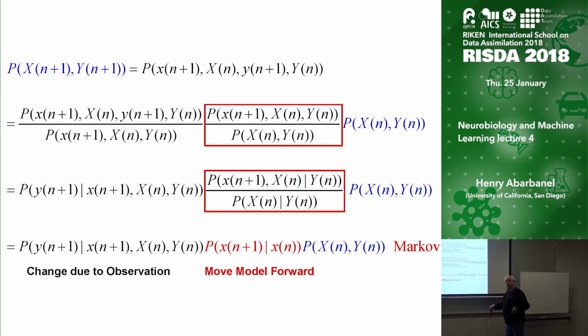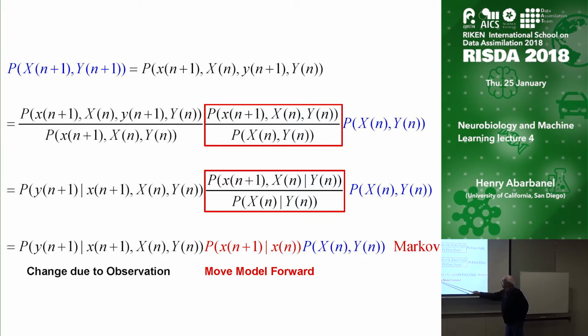If underlying your model is a differential equation or a statement of discrete time dynamics, the probability distribution of the state at time n plus 1 depends only on the previous state. That's what you mean by a differential equation.